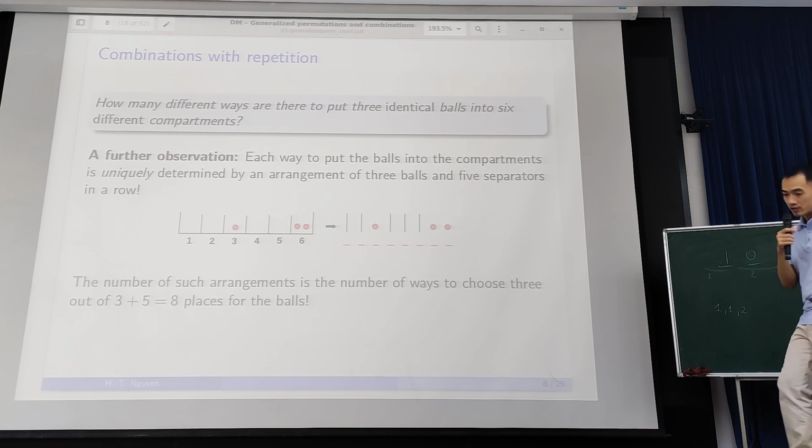Or in other words, if you prefer to choose the places for the separators first, then you have 8 choose 5. And of course, the 2 give you the same results. So you can either use 8 choose 3 or 8 choose 5, and the answer is 56.